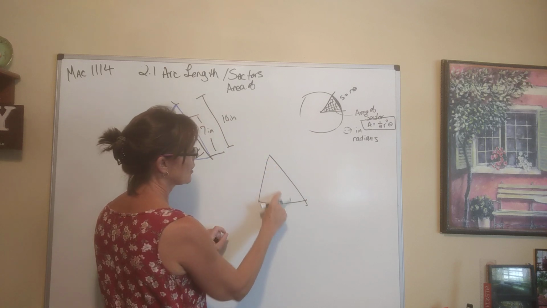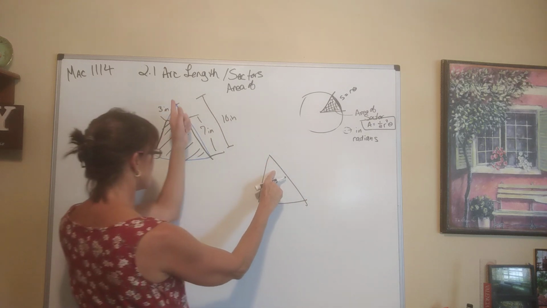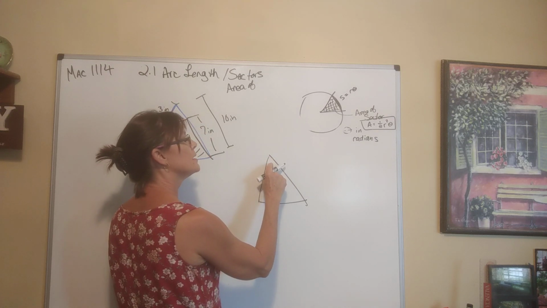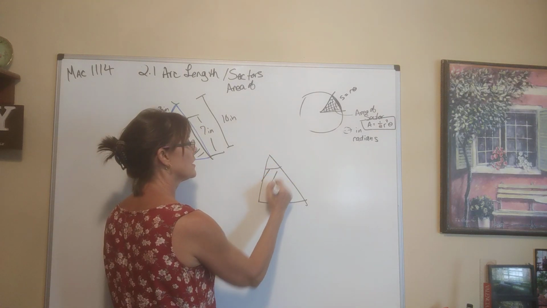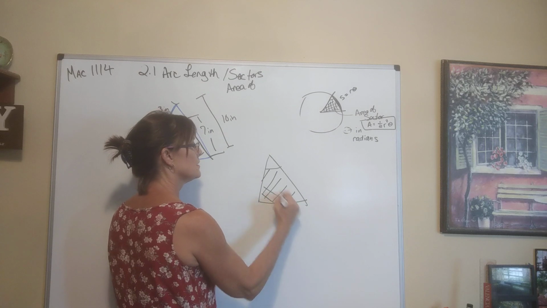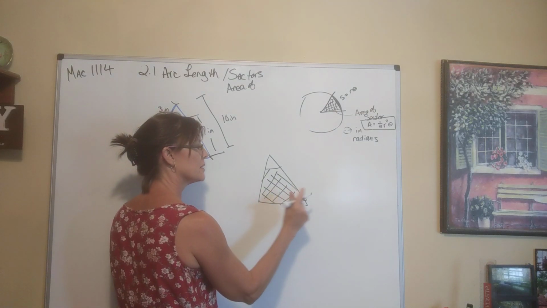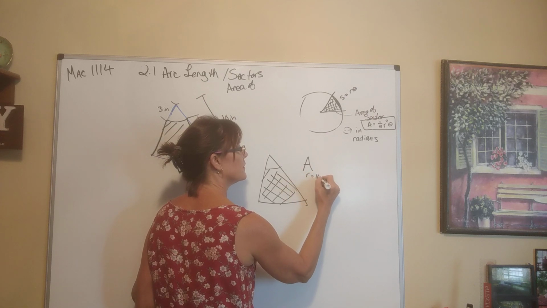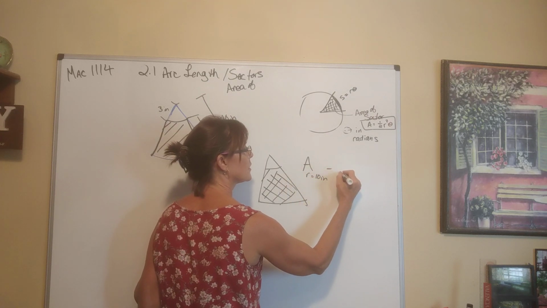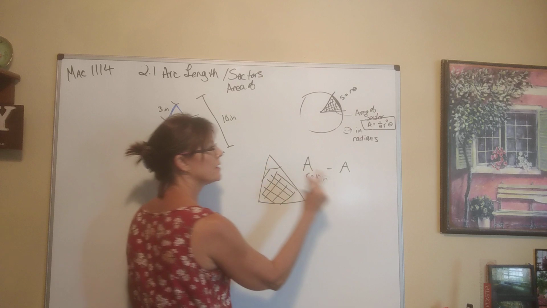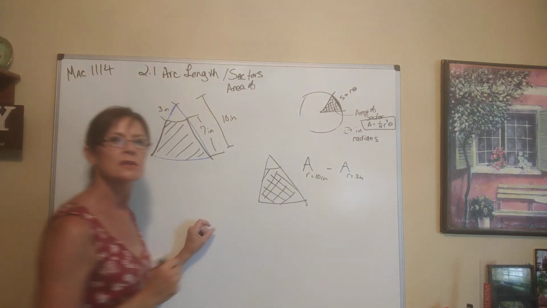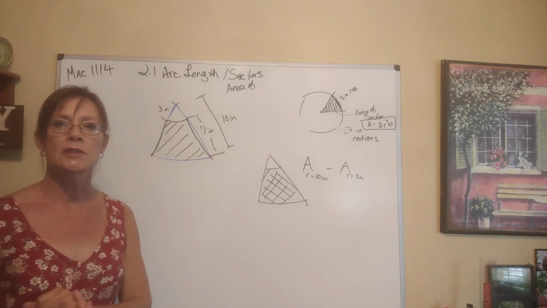Let's find the area of the total sector, all of this, and then we'll subtract off this little area right there, and that will give us this one. So this area is going to be the area with the radius of 10 inches, and then we're going to subtract off this little part right here, the area that has a radius of 3 inches, and that's going to give us the area of our windshield that's being cleaned.